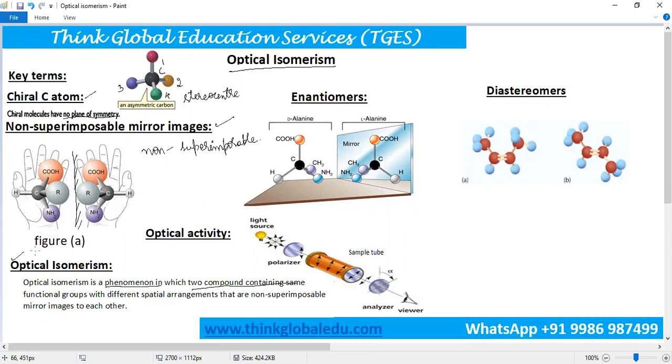So consider a figure A in which the two compounds have the same functional groups but attached in a different manner, and these are not superimposable but mirror images.